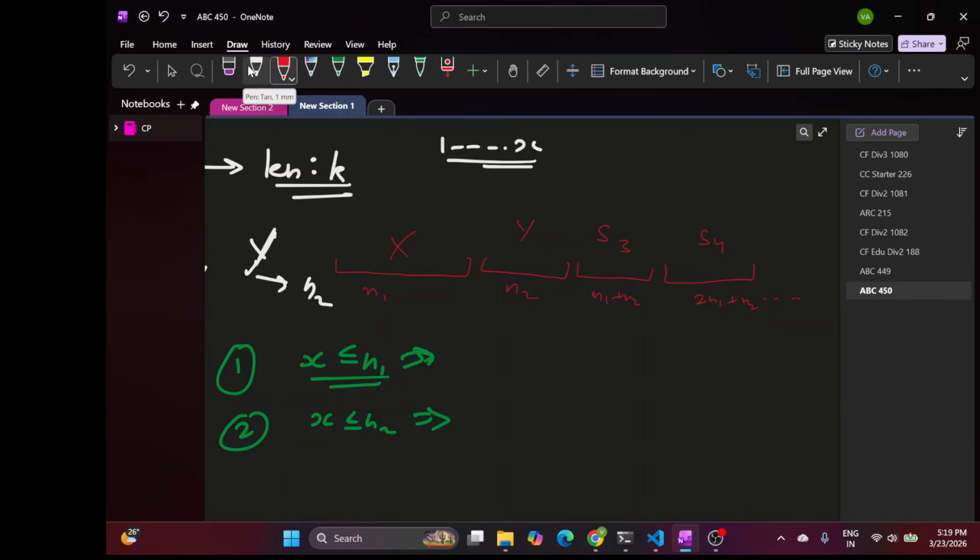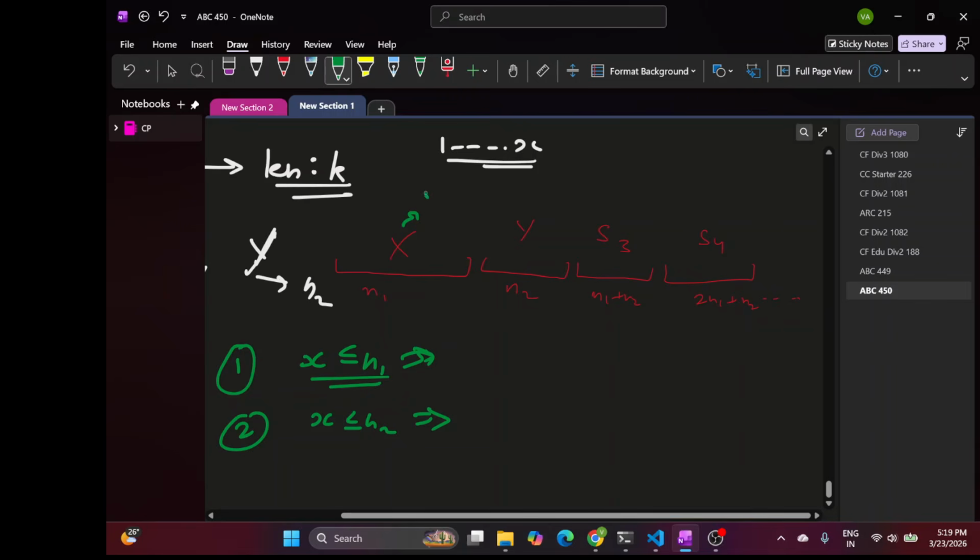So if our x is less than n1, basically what is our answer? We can get the prefix of this, let's say it is px, for prefix. Let's say for this we have px, for this we have py. We can find the prefix of at least these two, right?